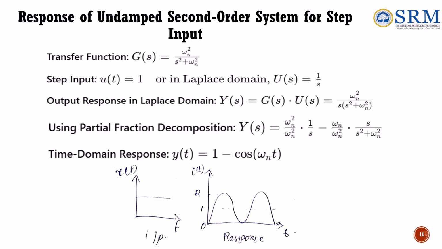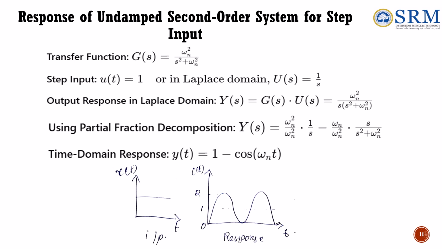Next, we are going to see the response of undamped second order system for step input. So the general transfer function is given as g of s equal to omega n square by s square plus omega n square. So this g of s can be obtained by substituting zeta equal to 0 in the general transfer function of second order system.